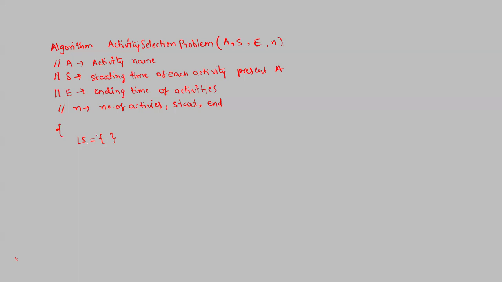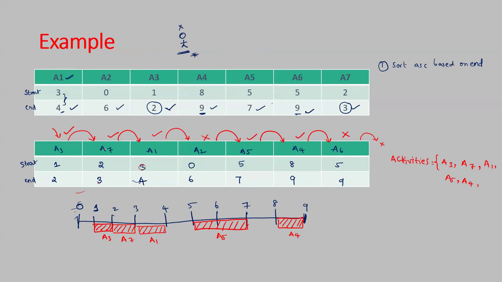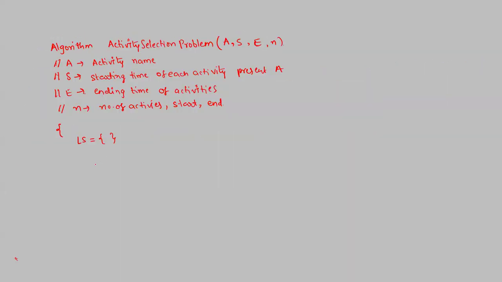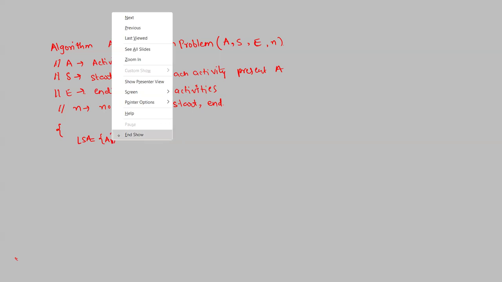But while I am executing, while I am selecting, I blindly select the first activity. So I am going to include that activity into the list of selected activities. LSA I am writing. So I am going to include the activity which is one. Okay.